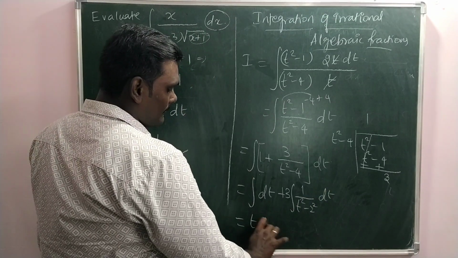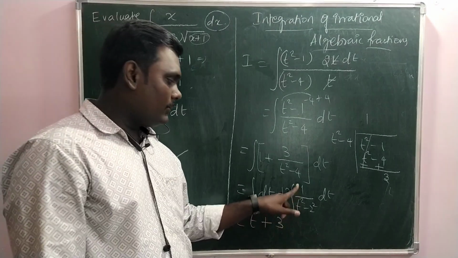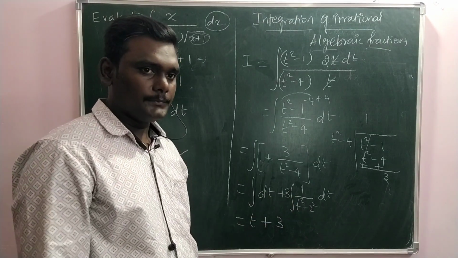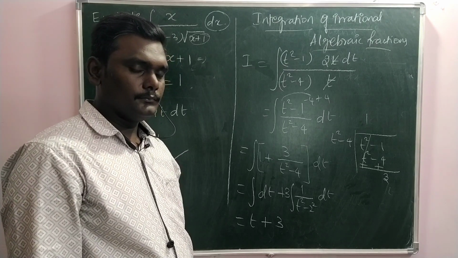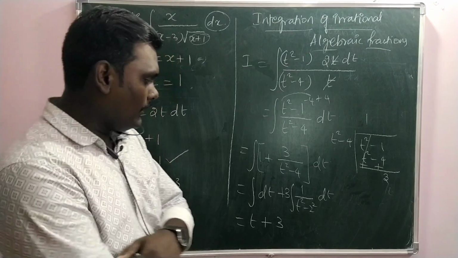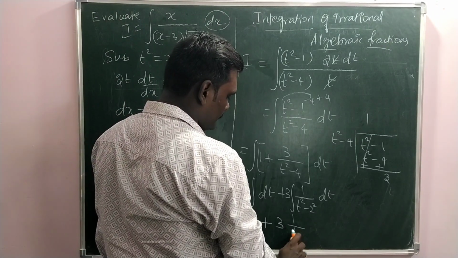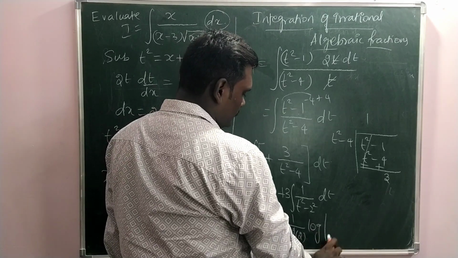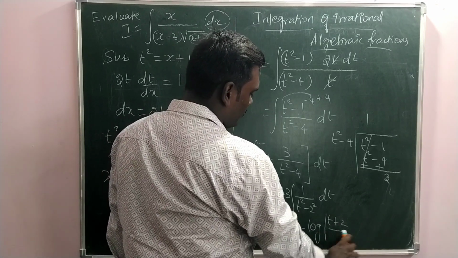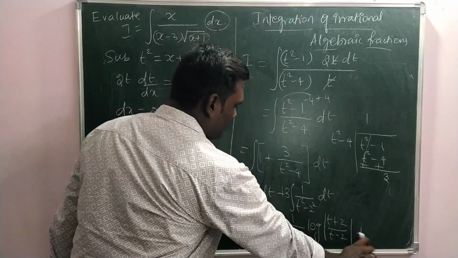The integral of dt is t plus 3 into, what is the formula for this? 1 by a square minus x square, log of 1 by 2a, that means t plus 2 by t minus 2, plus c.